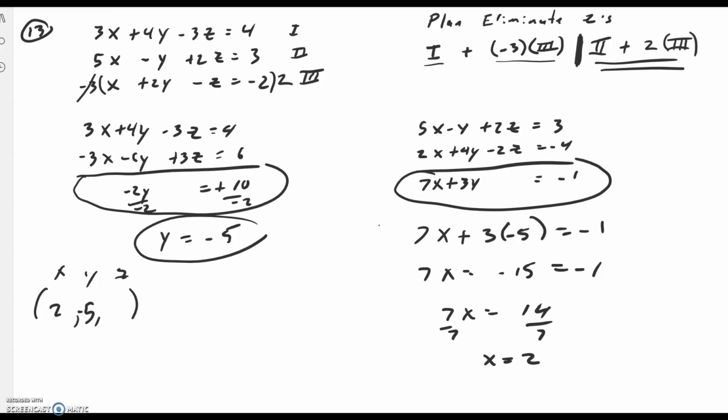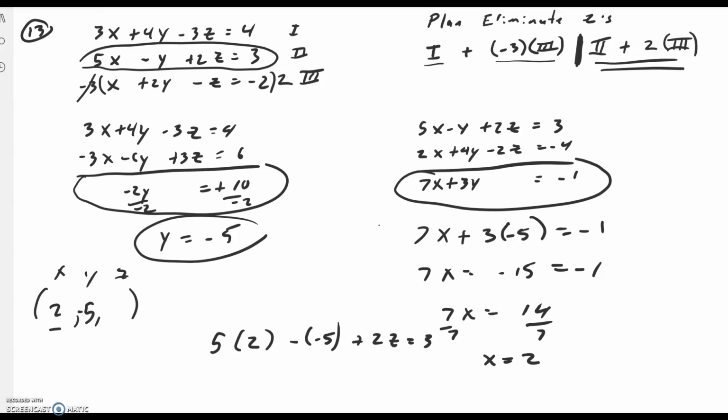It doesn't really matter. I'm going to use the second one just because I want to. So we have 5 times x, which is 2, minus y, which is negative 5. Notice that's minus a negative. That's a little tricky. Plus 2z equals 3.